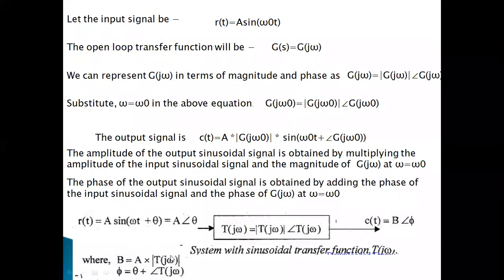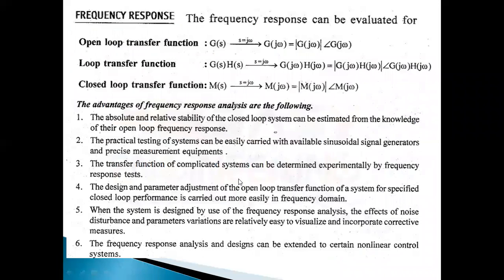The output is the input multiplied with the transfer function: input magnitude multiplied with the transfer function magnitude gives the output magnitude. Similarly, adding the input phase angle and the phase angle of the transfer function gives phi. So it is very simple to find this.